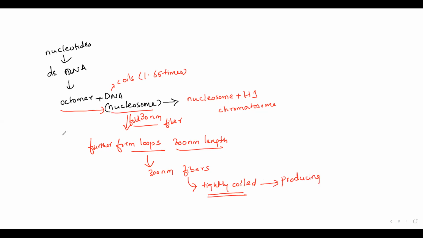So now the chromatin is condensing into what? Producing the chromatids, forming the chromatids. That is of chromatids of whom? Of a chromosome. So this is the way your DNA is being packed.